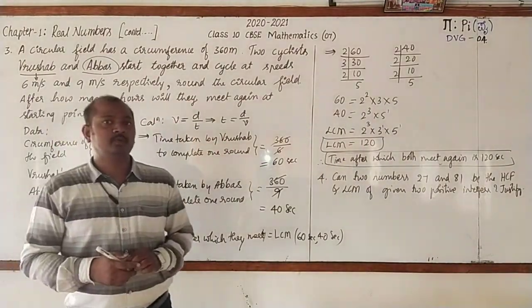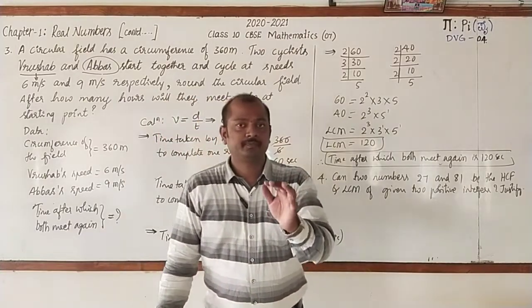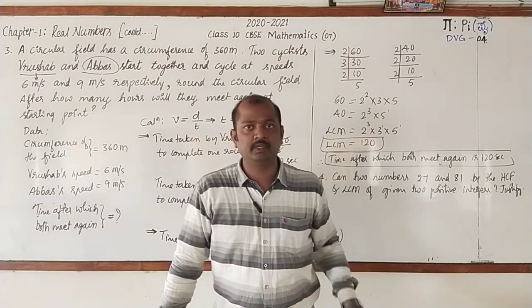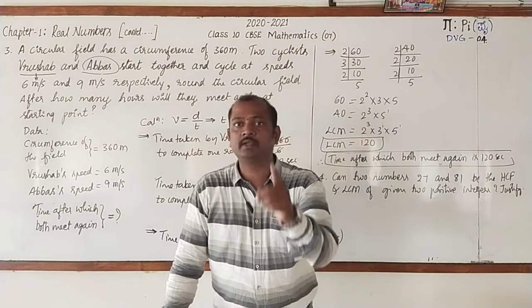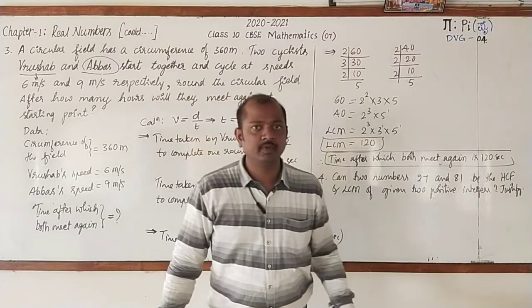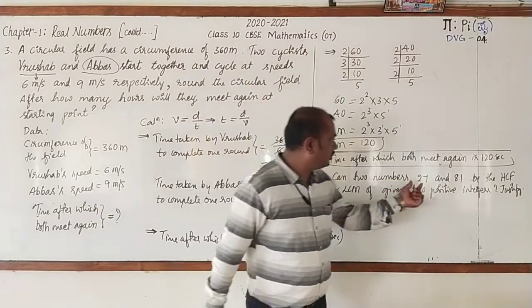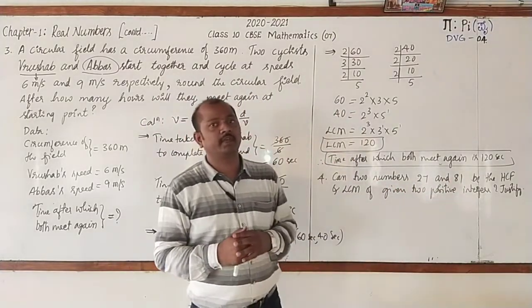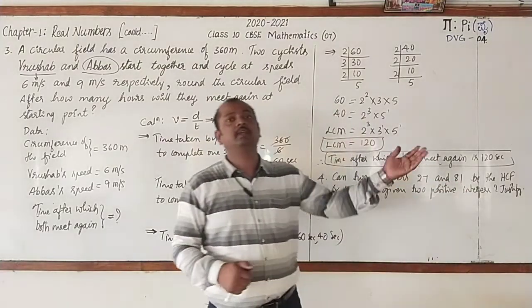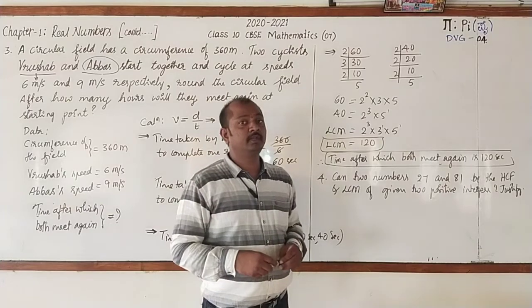Just I told you, if you find the HCF and LCM of the 2 given positive integers, then we will come to know that HCF is a factor of LCM or LCM is a multiple of HCF. If you want to call 27 and 81 the HCF and LCM, 27 should be a factor of 81 or 81 is a multiple of 27.